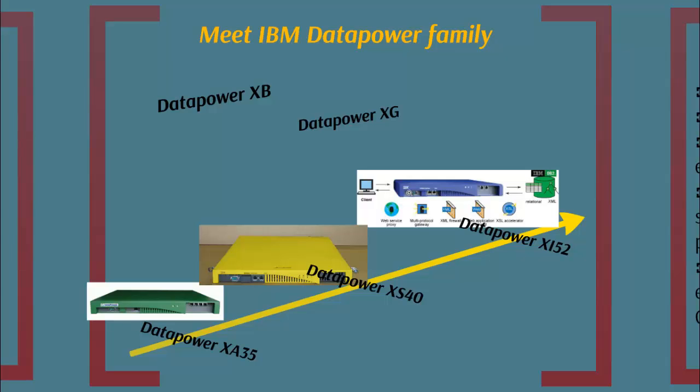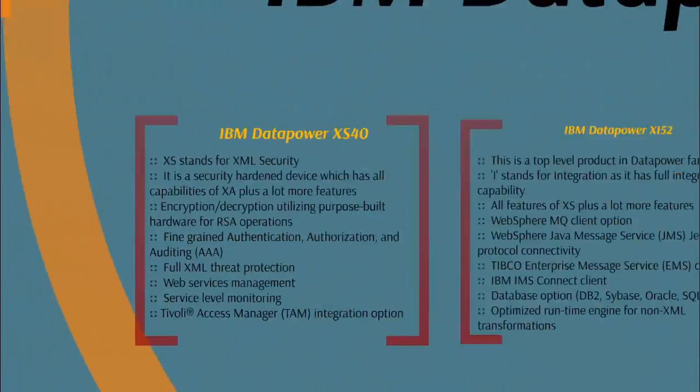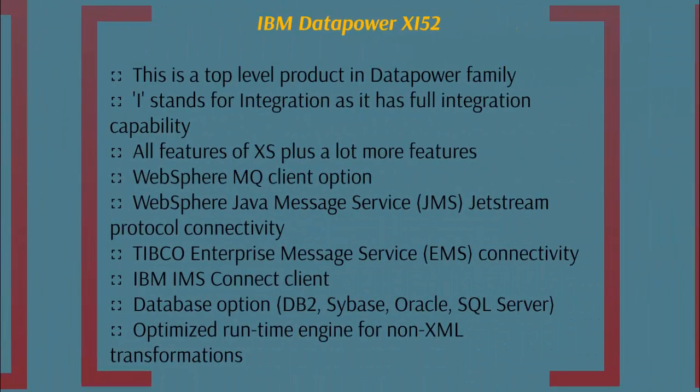But this is something which I need to verify first. So let's move on to the XI52 box. We have discussed XI35, XS40, and now we are at the top level product, XI52.